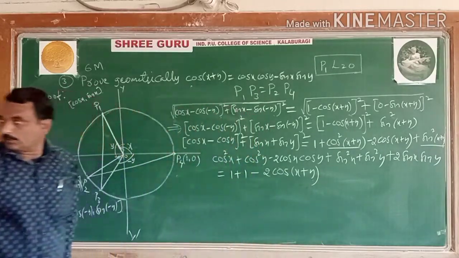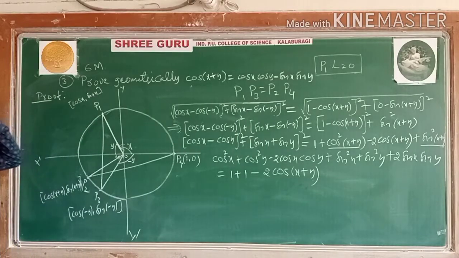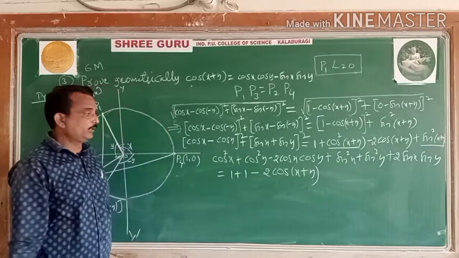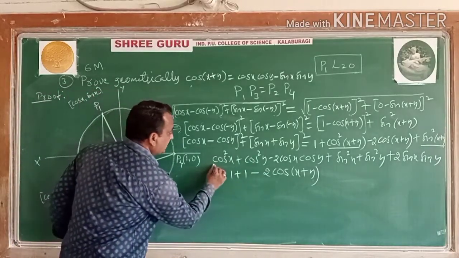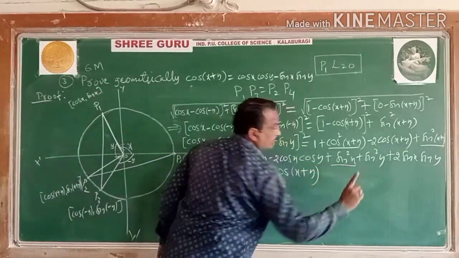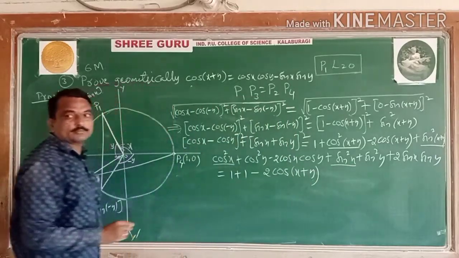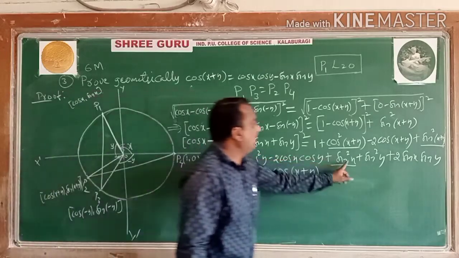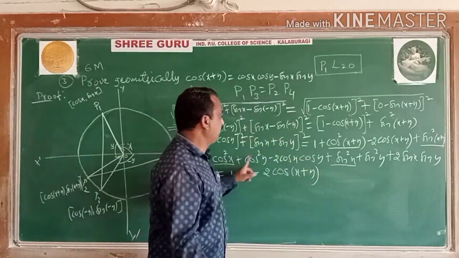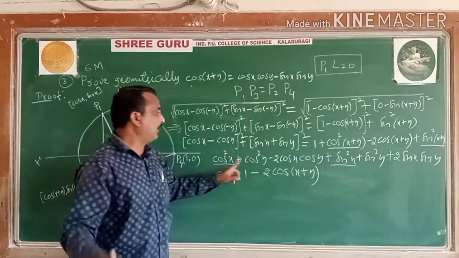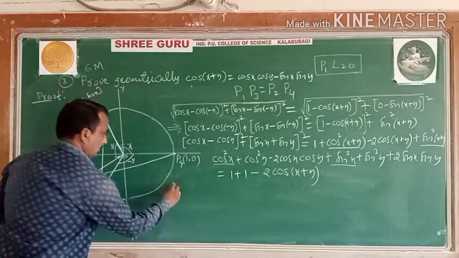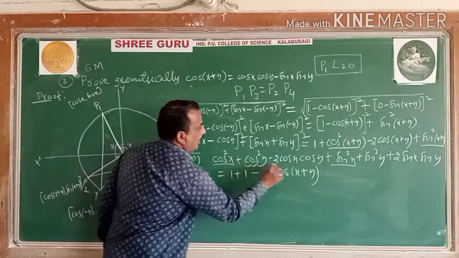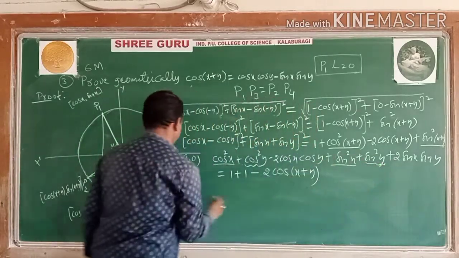The next one. Let us simplify, students. This is LHS and RHS; I have taken the terms here. Again see, cos square x plus sin square x is 1. The next, sin square y plus cos square y is 1.